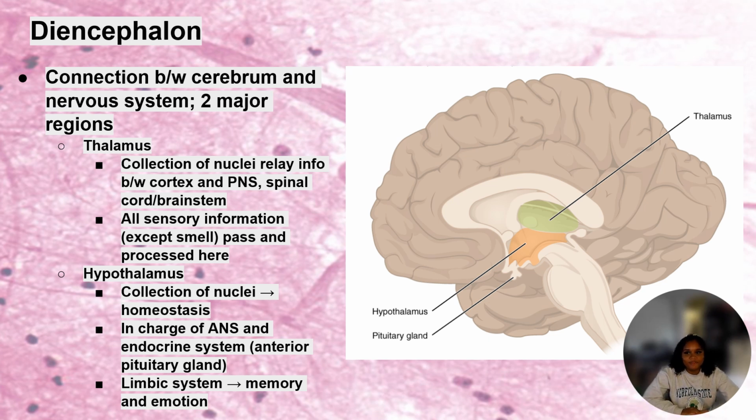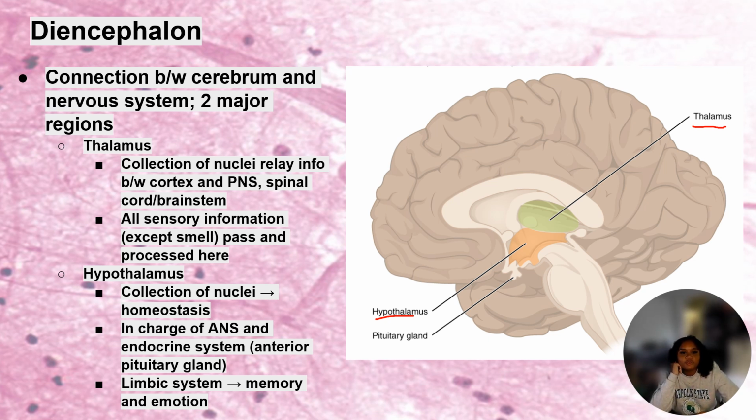Now, the diencephalon is a connection between your cerebrum and your nervous system. There are two major regions highlighted right here: your hypothalamus and your thalamus. Your thalamus is a collection of nuclei. Remember, nuclei are cell bodies in the central nervous system. Remember last week?